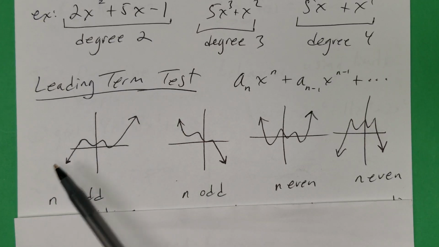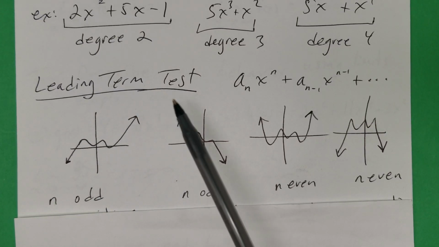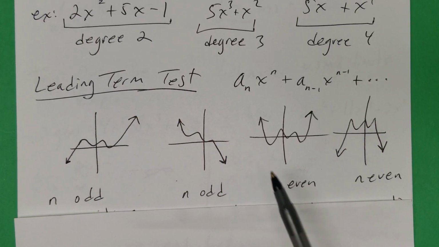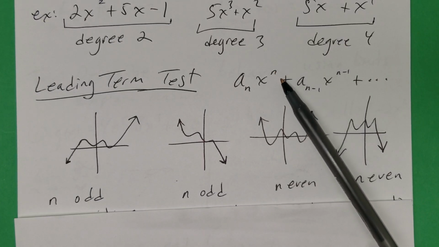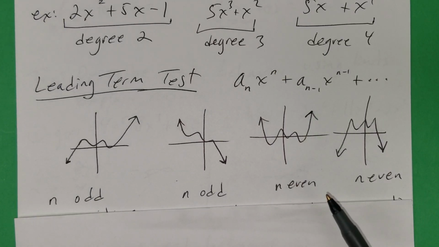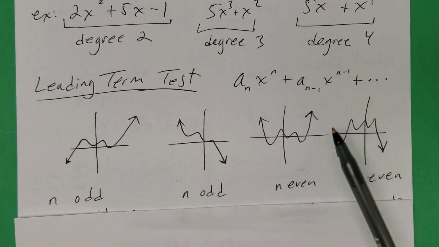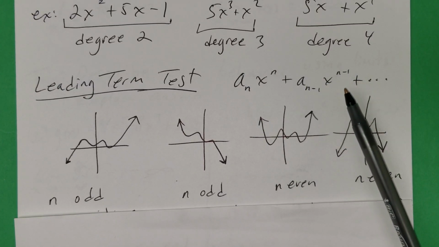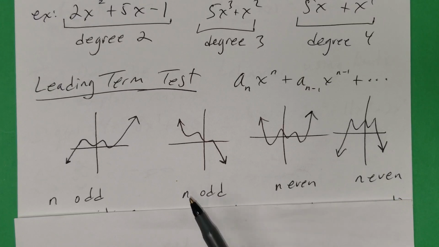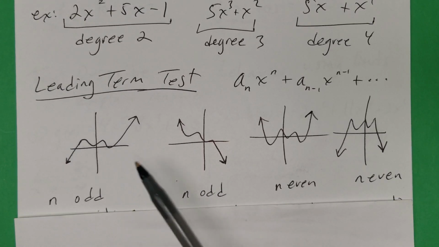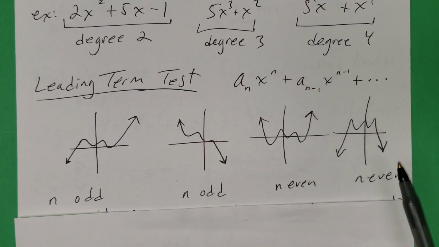One going up, one going down. Right? One going up, one going down. But if your power is even, 2, 4, 6, 8, etc., then both ends are going to go to infinity. Same direction. Same direction. So odd, it splits like that. Even, they both go the same direction.